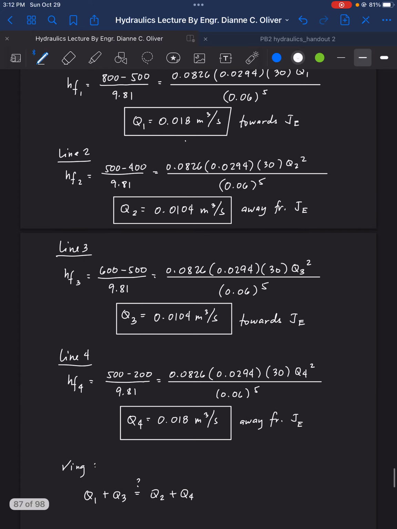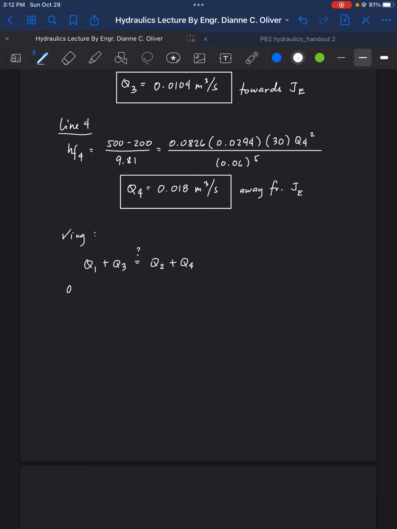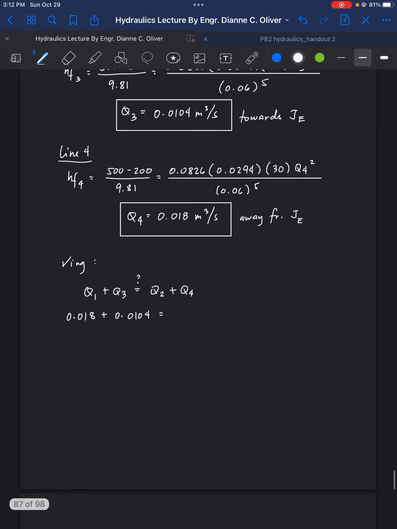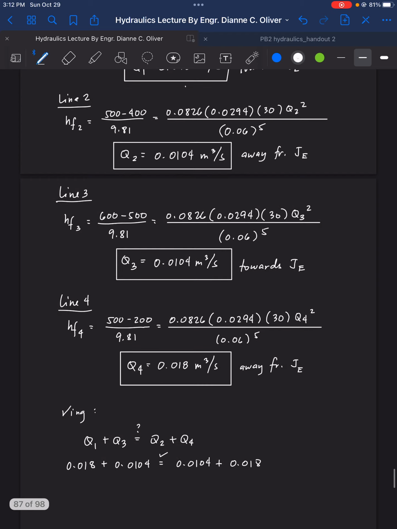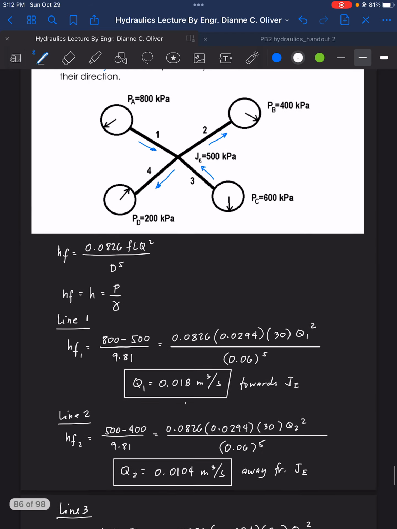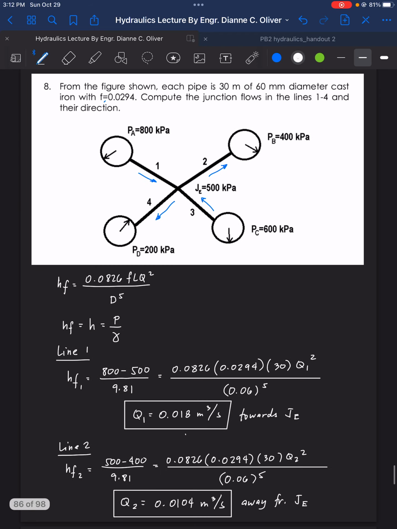So Q1 is 0.018 plus Q3 of 0.0104, is it equal to Q2 of 0.0104 plus Q4 of 0.018? Yes, they are equal. Therefore, it is correct. So that's number 8.